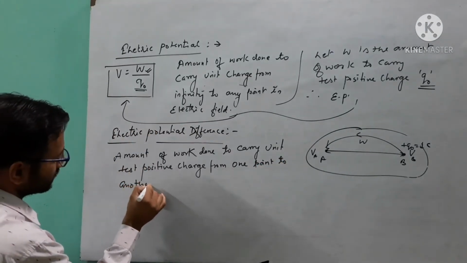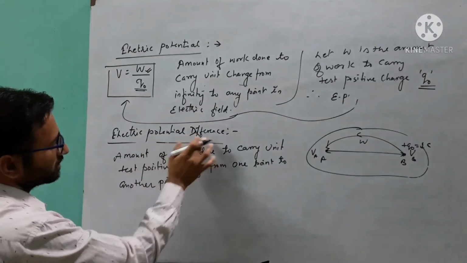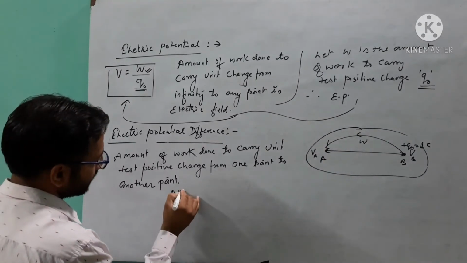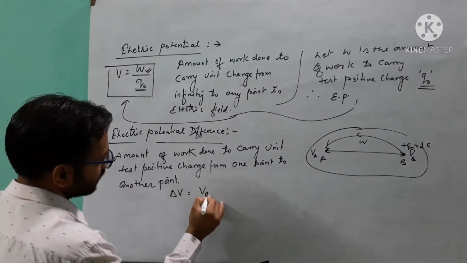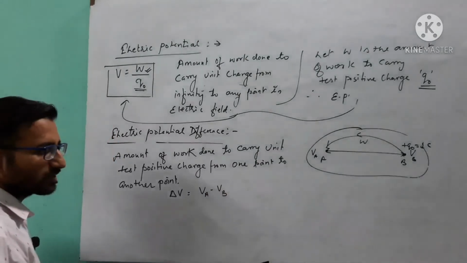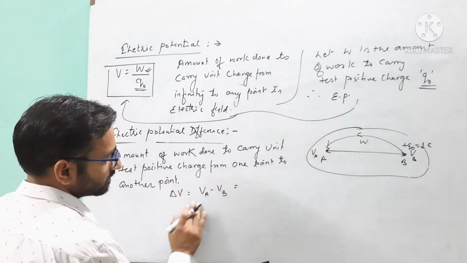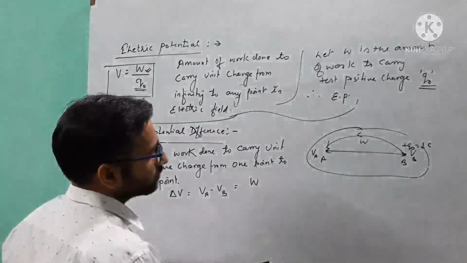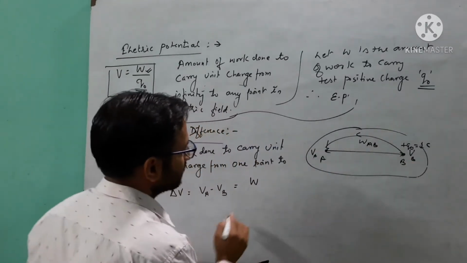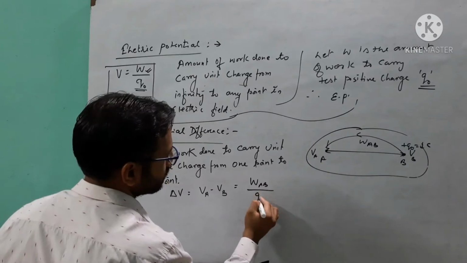This is the definition of our electric potential difference. Got it? It is denoted by delta V, which is equal to final minus initial. We are carrying the charge from point B to point A, and this difference is equal to, suppose the work done to carry the charge from B to A is WAB, and the test positive charge is q naught.